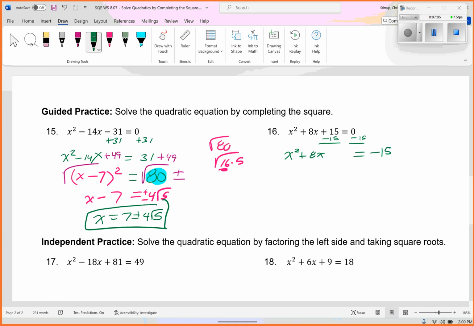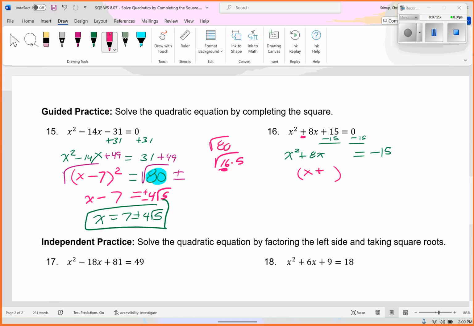Solid? Same idea that we did on the last one? All right, I'm going to create myself a set of parentheses. I'm going to do an x. What goes next to x? Positive or negative in this case? It's positive. Because this sign right here is positive, it's going to be positive here.